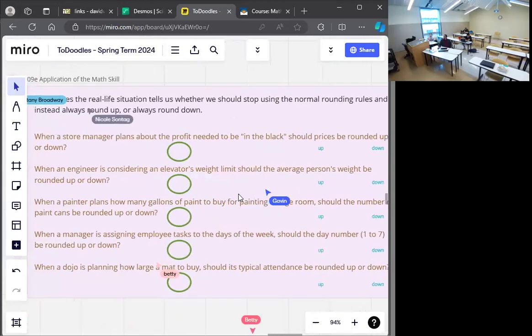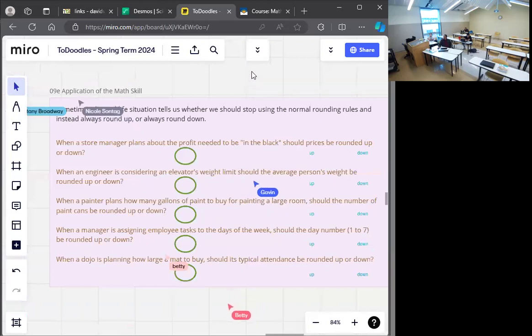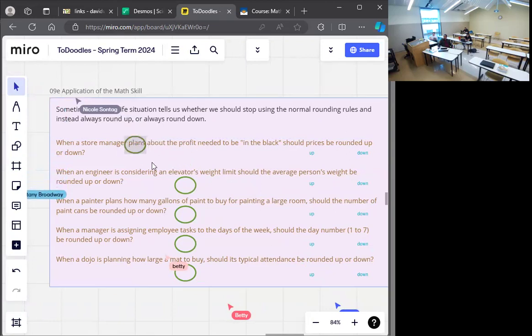So here's an important detail. Sometimes a situation tells us how to round and it breaks the normal rules. For example, if I am a store manager and I'm wondering about how much profit I need to be in the black to be positive for the year. Should I round my prices up or down?